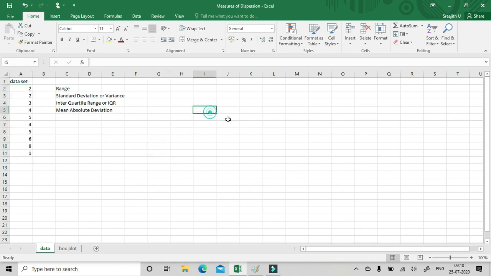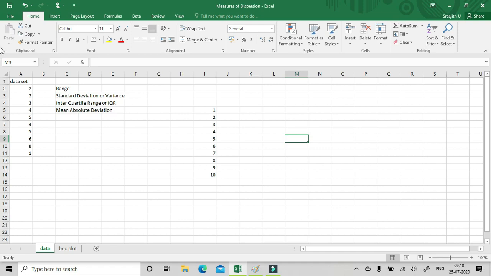I'm not leveraging the power of Excel because in the examinations you may be required to do this using pen and paper. So therefore I don't want to use Excel shortcuts. Let's do it the way you would write with pen and paper in your exams.